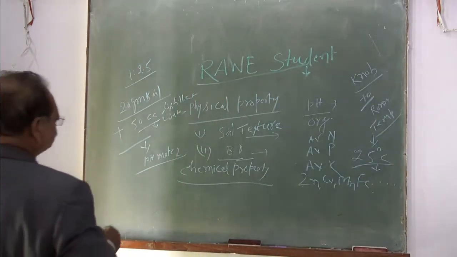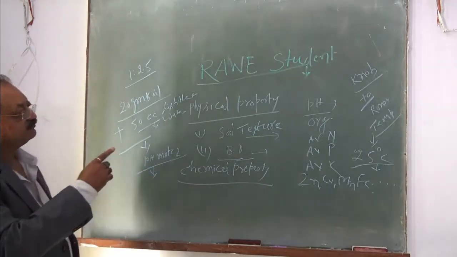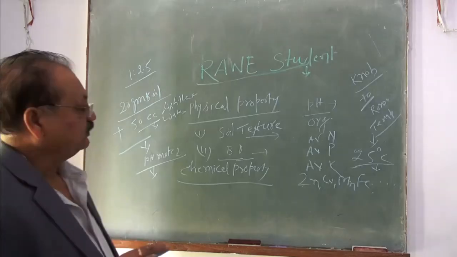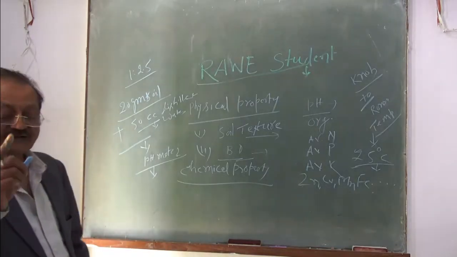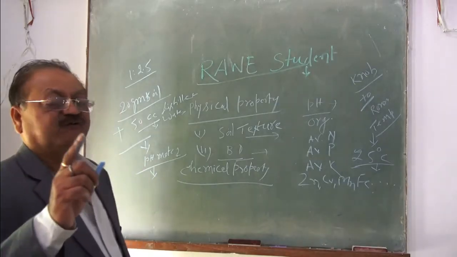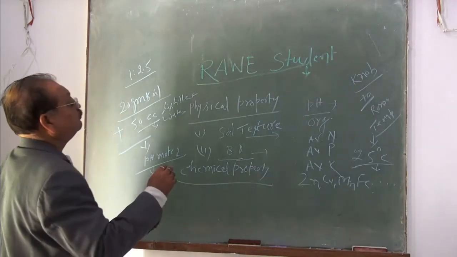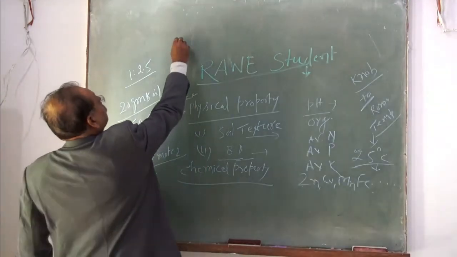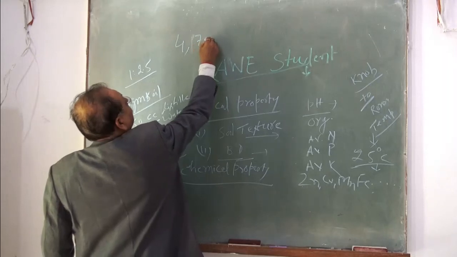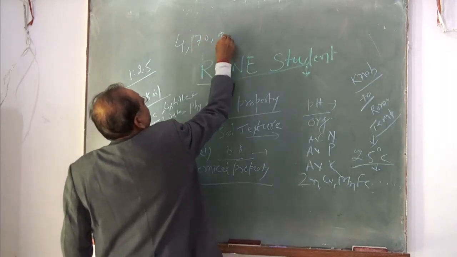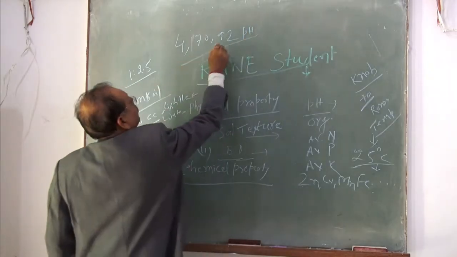Now, before taking the reading with the pH meter, you have to calibrate it with buffer solutions. The buffer solutions will be of pH 4, 7 and 9.2.